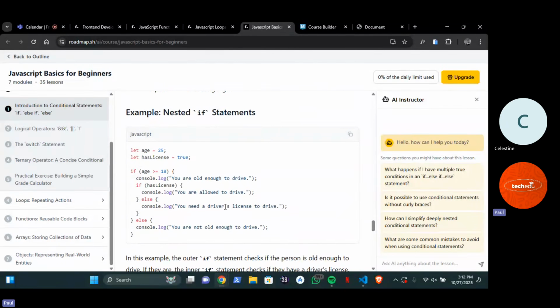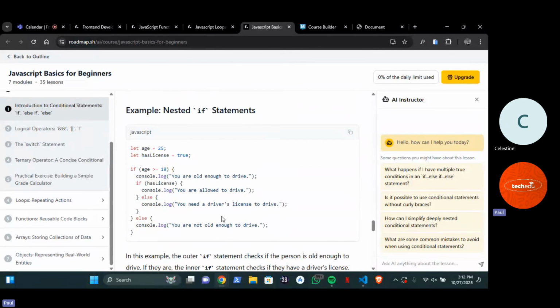Well, this is basically nesting if statements. We can nest a statement inside of another statement. For instance, we can nest an if statement in another if statement. Let us check this example. Let age equals 25, and let hasLicense equals true.